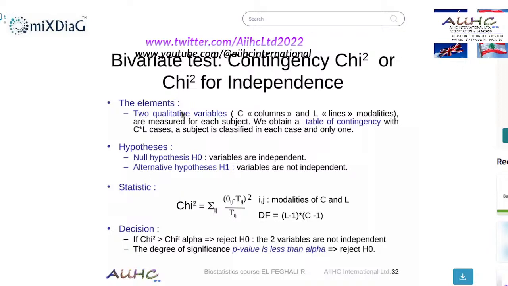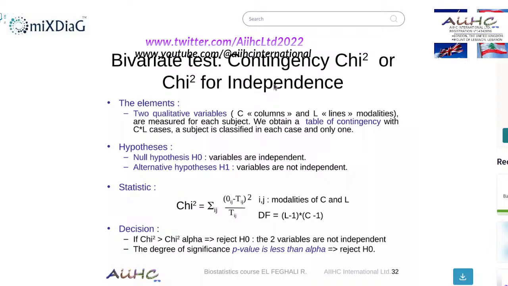All of these are qualitative variables. You can see all this can be analyzed by using the contingency chi-square for independence, usually just called chi-square, for bivariate analysis.